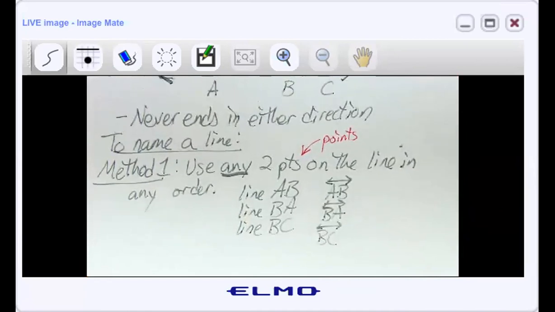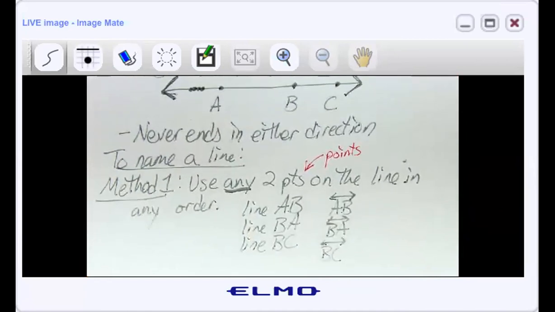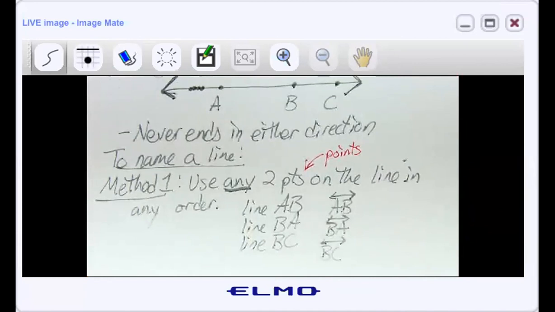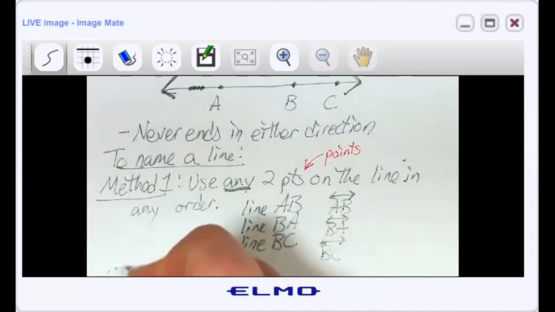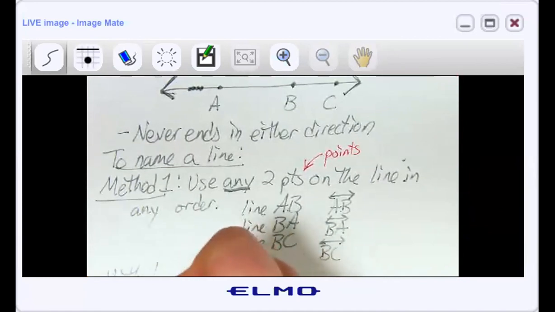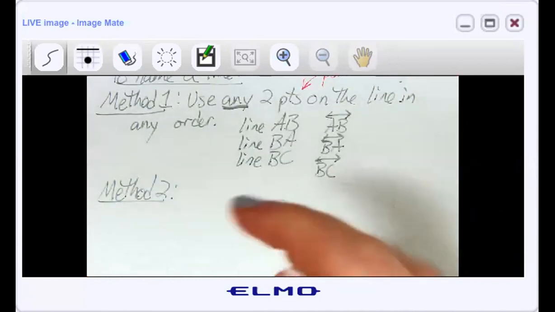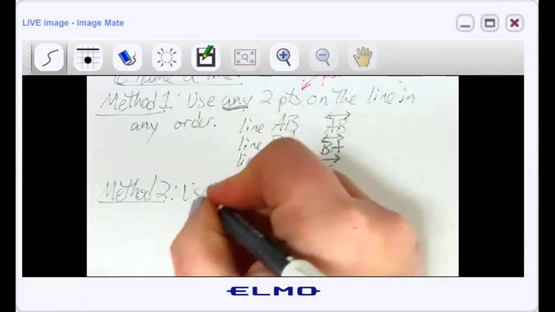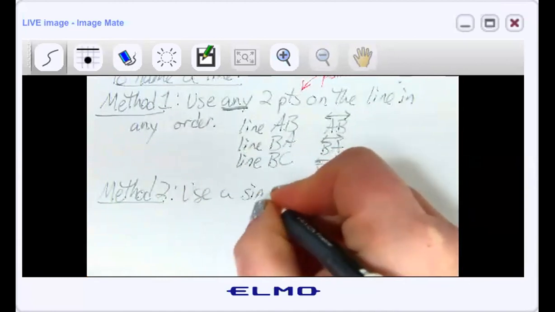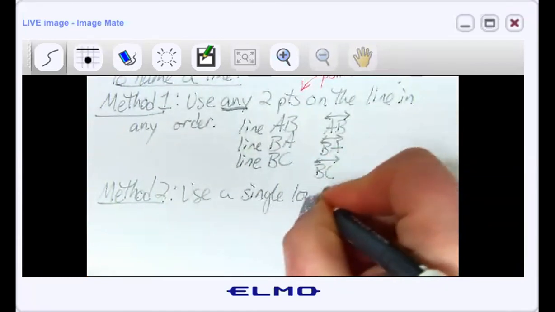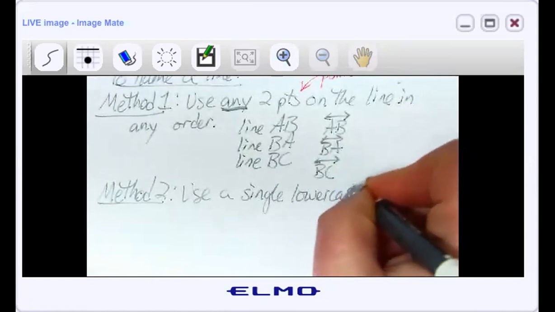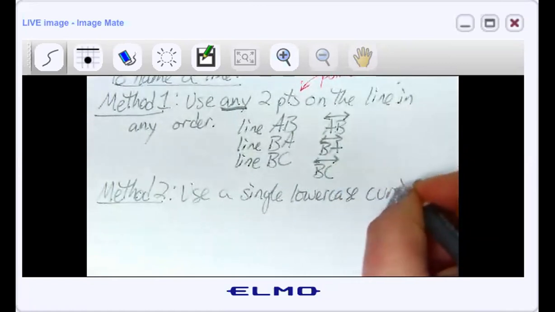Okay, everybody all right so far? Okay, so the next way to name a line, and you don't always get this option, you really only get this option if it's given to you in the diagram, but let's go ahead and write it out and then I will show you. So method 2 says that you can use a single lowercase cursive letter.